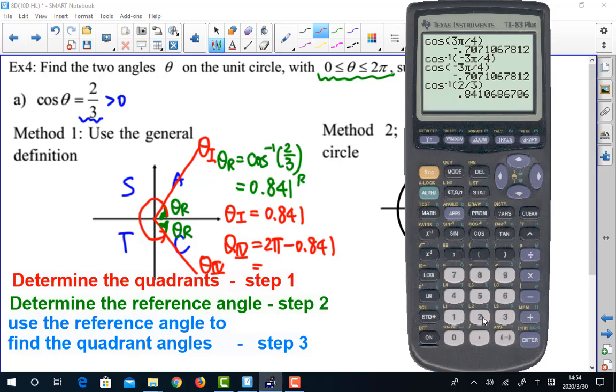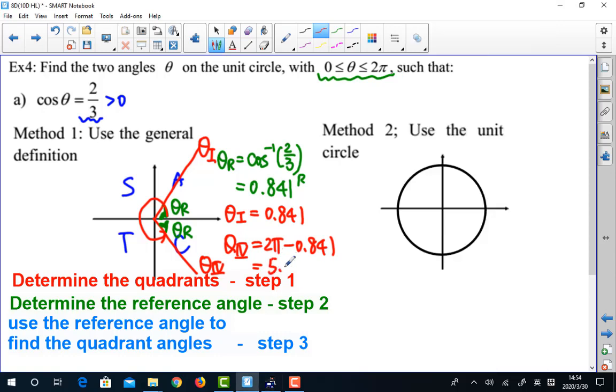Let's find this value. It's approximately equal to 5.44 radians for the fourth quadrant angle. That's how we can use the general definition to find the angles if the ratio is given.